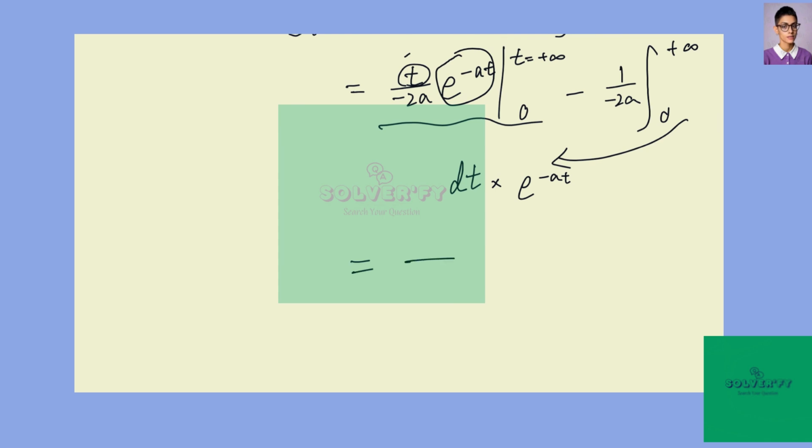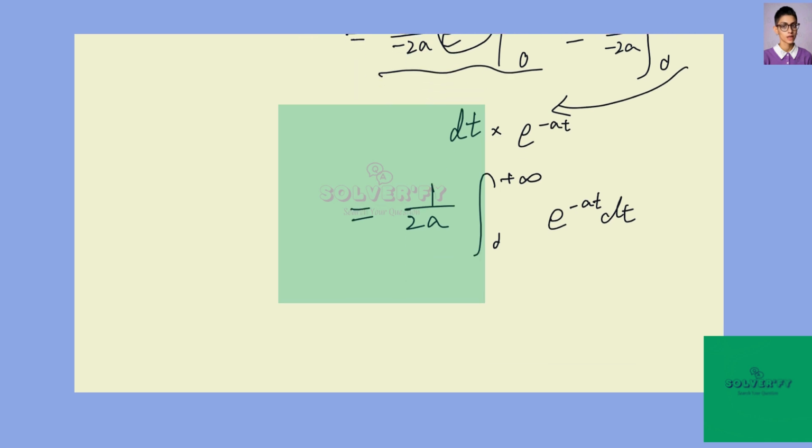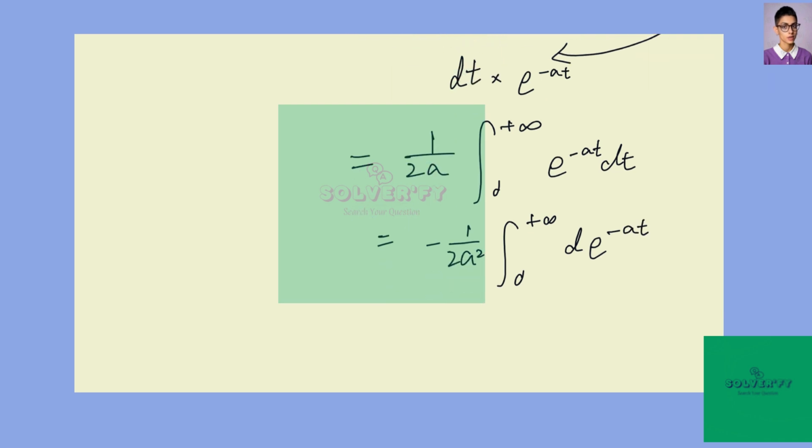So we know the final result will be 1/2a, and we have an integral from 0 to positive infinity, e to the power minus at dt, and it will be minus 1 divided by 2a squared, d e to the power minus at.